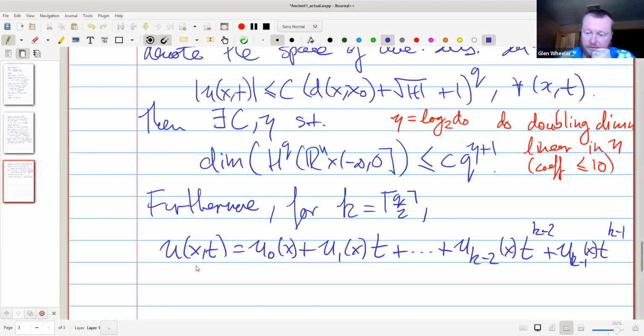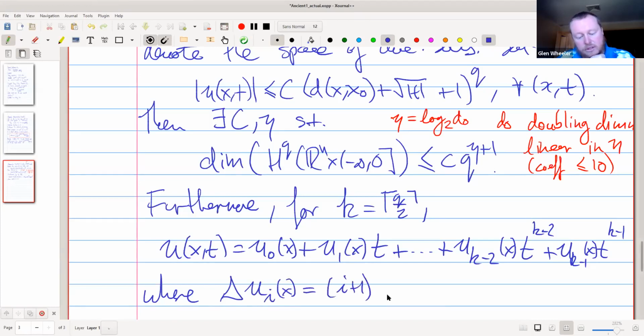Okay, and this expansion is amazing. So these coefficients satisfy this kind of PDE. The Laplacian of ui is i plus 1 times ui plus 1.